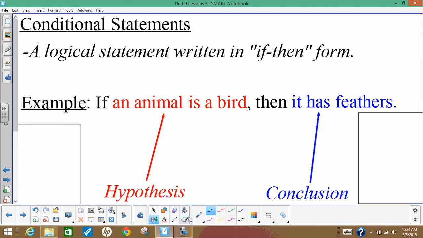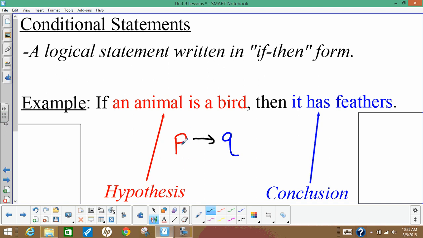When we talk about conditional statements, we sometimes write them in symbols. The symbol we usually give to a hypothesis is the letter P. The symbol we usually give to the conclusion is the letter Q. And then to make this look like an if-then statement, the symbol we use is an arrow to the right.